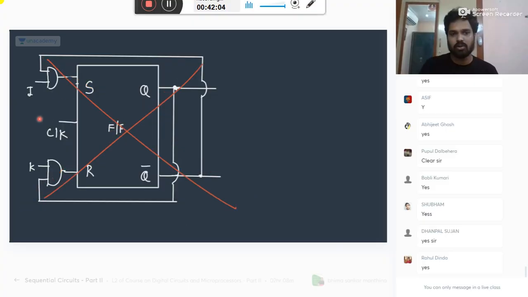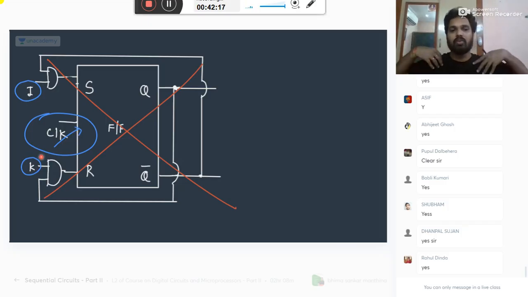Suppose you see this is your clock. These are your inputs J and K. What I am saying is for setup time, before giving this clock itself, your input should be made ready. Your input should be getting ready. Then you should apply the clock. Because internal capacitance requires some time to charge or read these inputs.